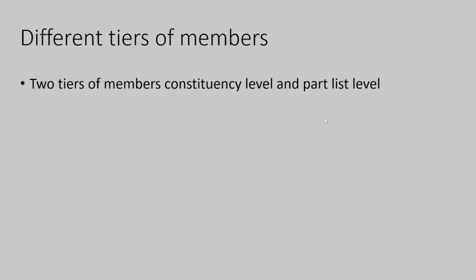Different tiers of members. Now, this has 2 tiers of members. And this creates a lot of complexity in politics. Essentially, you have one level of candidate whose mandate is directly from a locality. They are accountable to only their locality, because the local vote has nothing to do with the party vote.